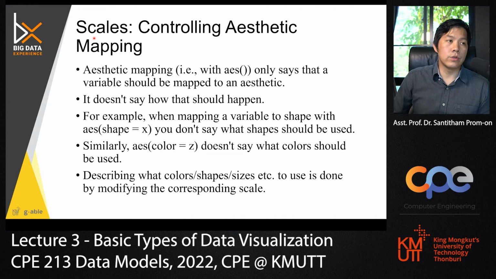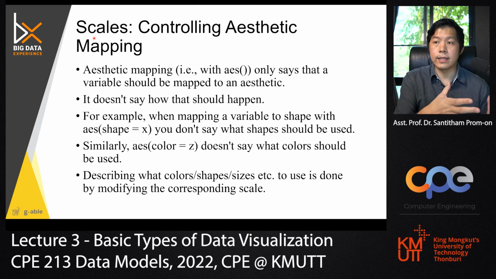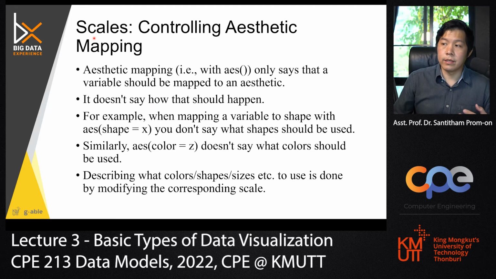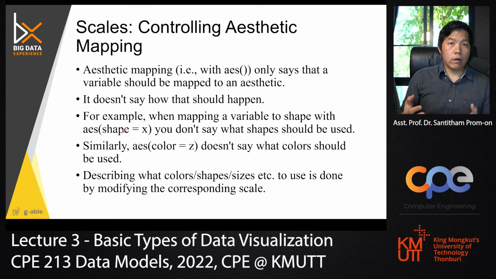Scales can be used to map the display of aesthetics, like mapping the shape or the color to other variables. Why don't we use it directly? Let me try this and then show you.